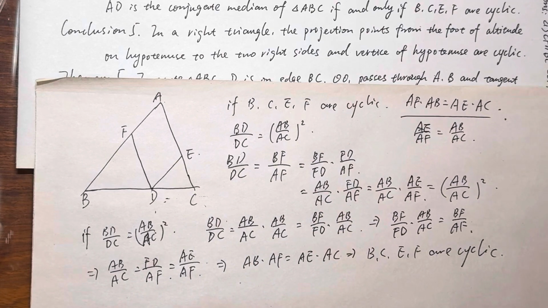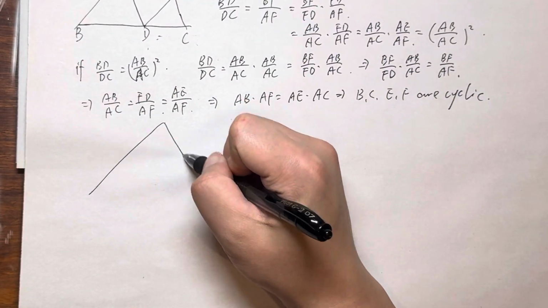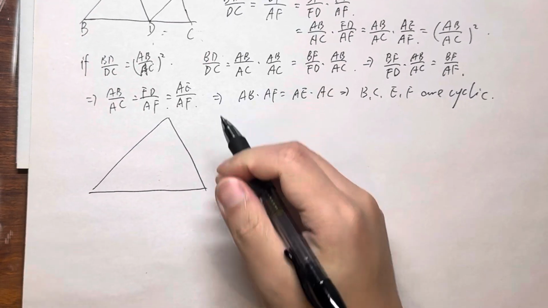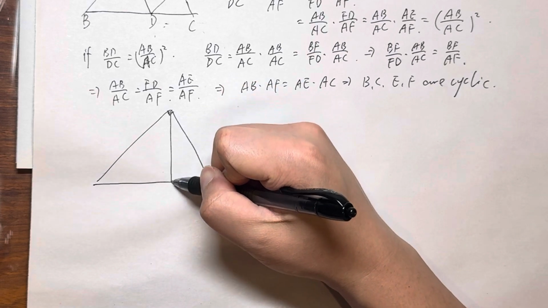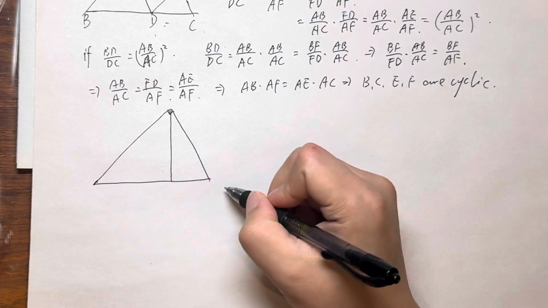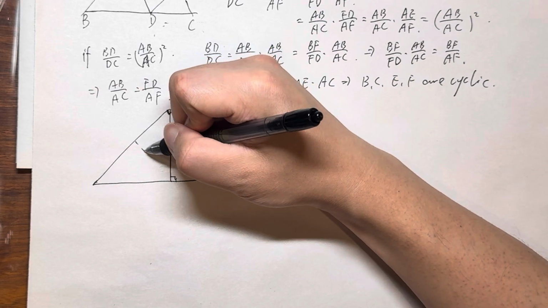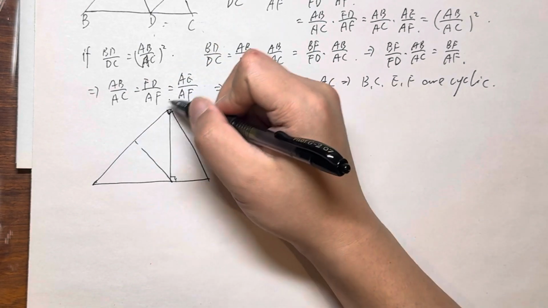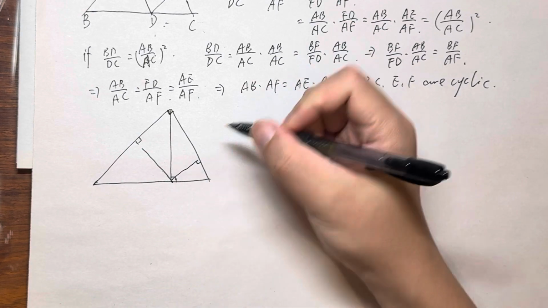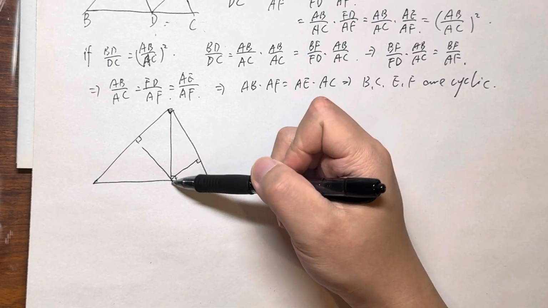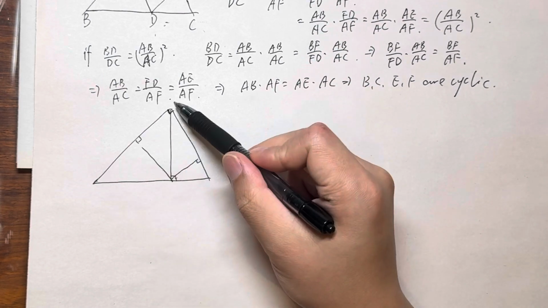It's actually saying that if we have a right triangle here, we find the altitude on the hypotenuse and then we find the foot of this altitude, and then we do the projection from this foot to the two other sides, right? Then we know that because this is 90 degrees, this is parallel with this, and this one is parallel with this one.